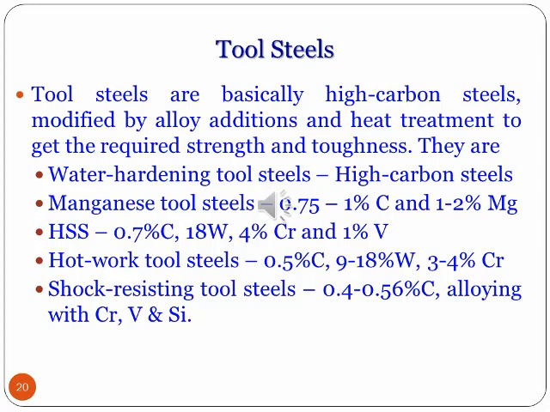Shock resisting tool steels: 0.4 to 0.56% carbon, alloyed with chromium, vanadium and silicon. So various tool steels can be produced by the addition of various alloying materials to the base component, that is steel.